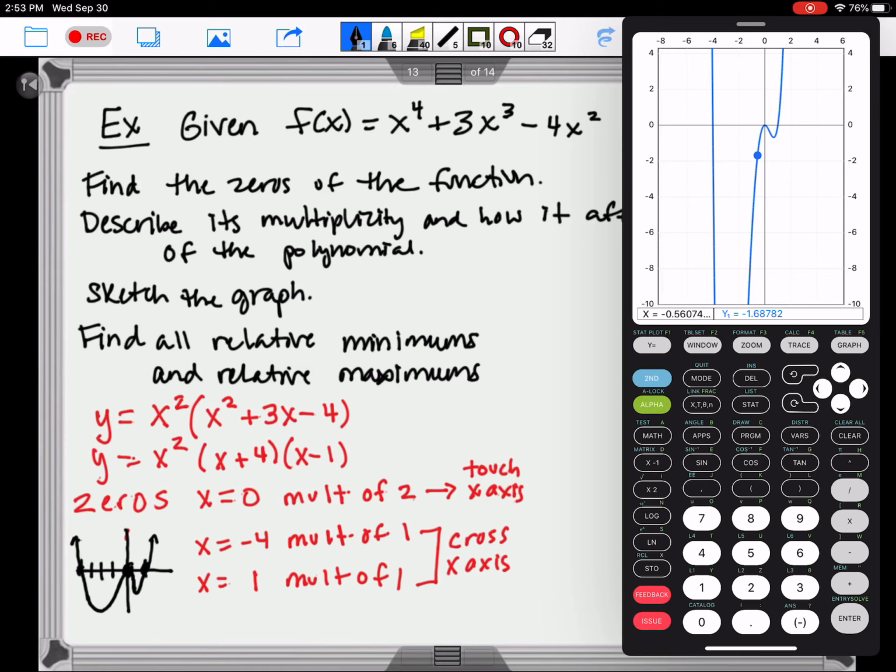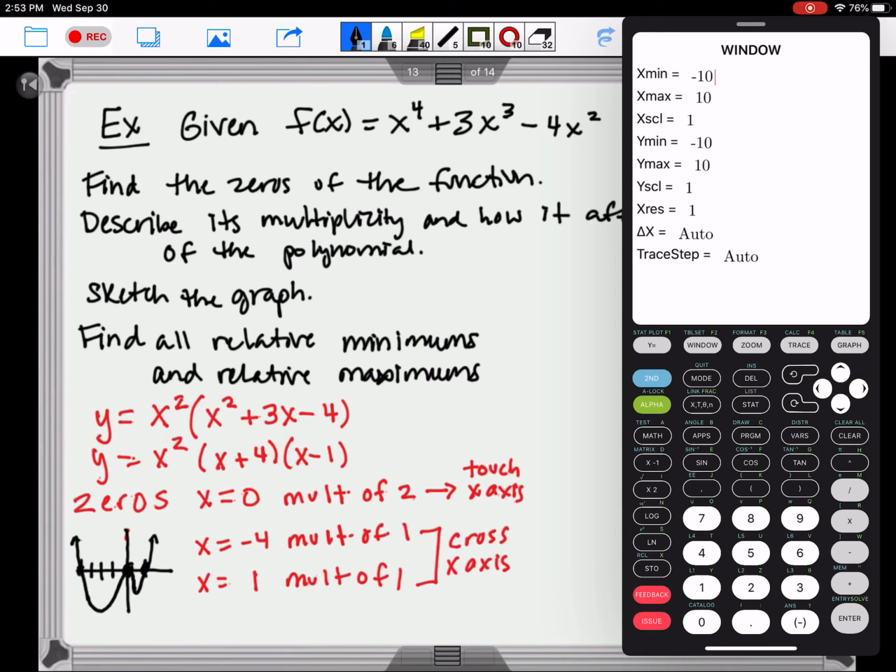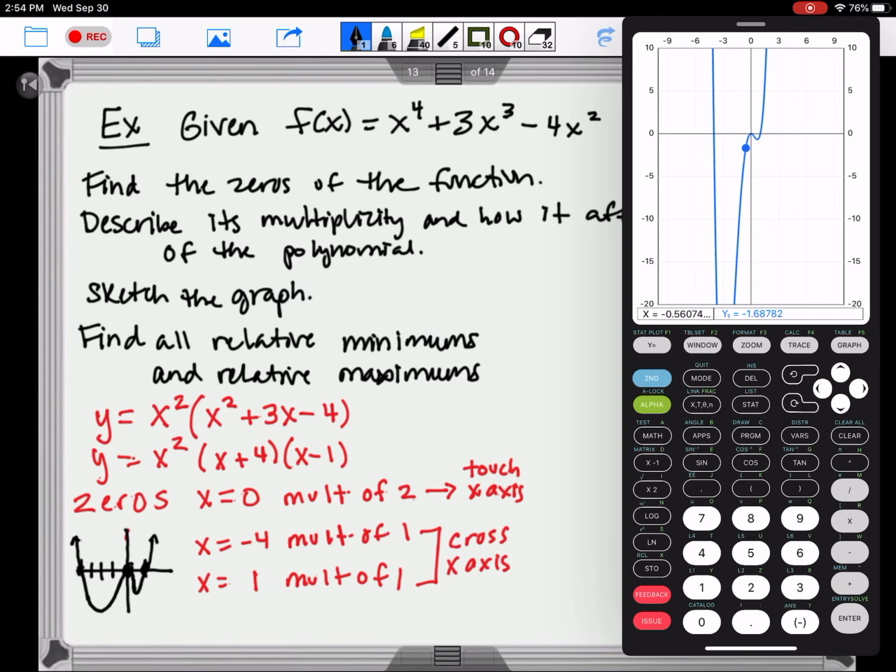Notice it gives me a little bit. I'm going to change this window just a smidge here and have my y minimum go down a little bit more. We'll go negative 20. It's a little bit better.